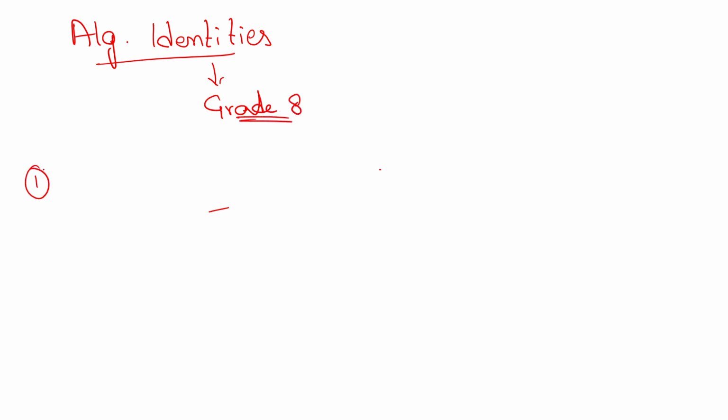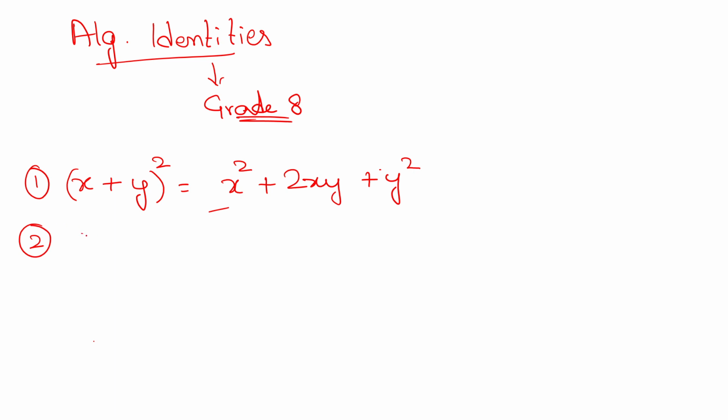What's number one? x plus y whole square equals x square plus 2xy plus y square. The second one is x minus y whole square. The terms will be the same, x square, 2xy and y square. The only difference is, since you have a negative over here, you get a negative before the middle term.